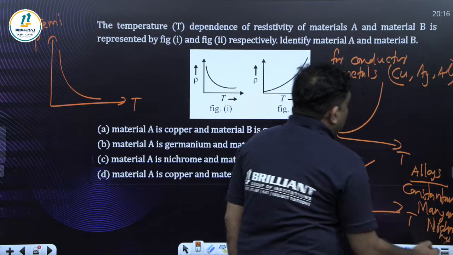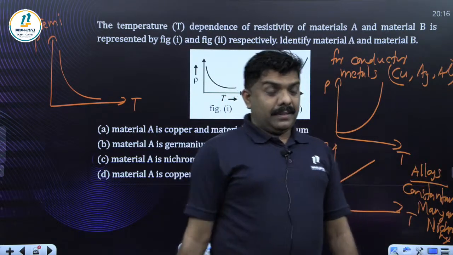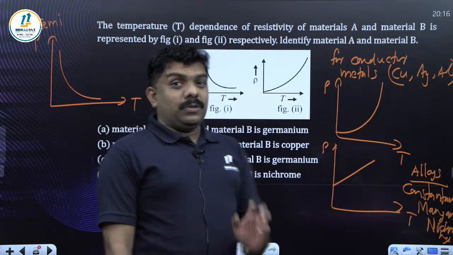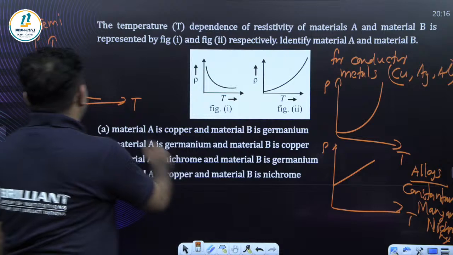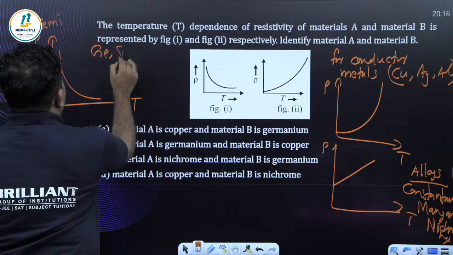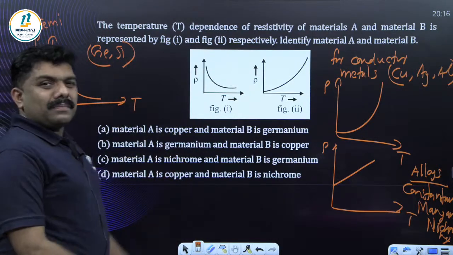And semiconductors, the two very famous examples we know, are germanium and silicon.